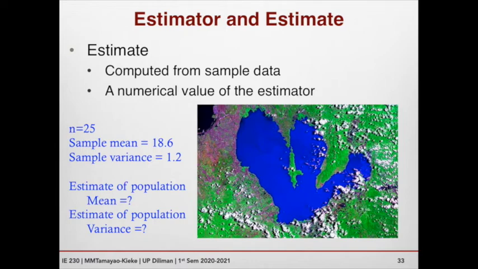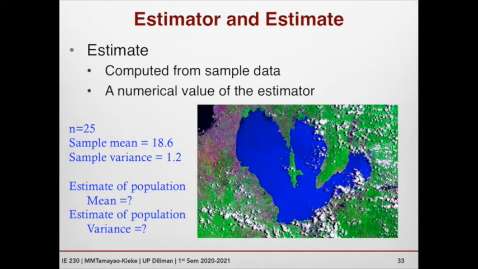So for example, say we wish to estimate the mean and the variance of suspended solid material in Laguna Lake. And we take a random sample of 25 observations, and then we test these observations and record in milligrams per liter the amount of suspended solid material for each observation.